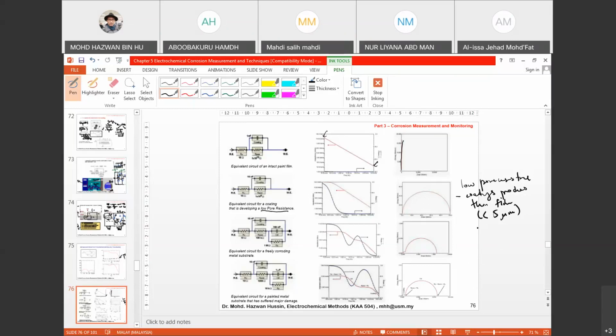The thickness is very small, so the penetration of oxygen and water is assumed to be easy. That is why it creates a low pore effect.